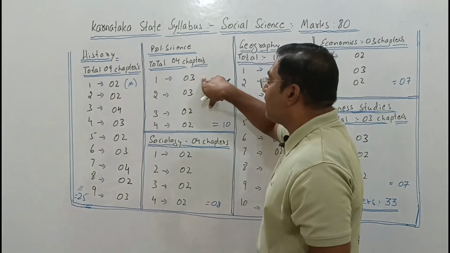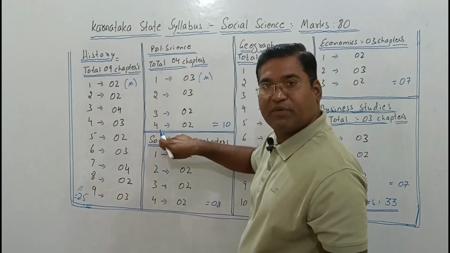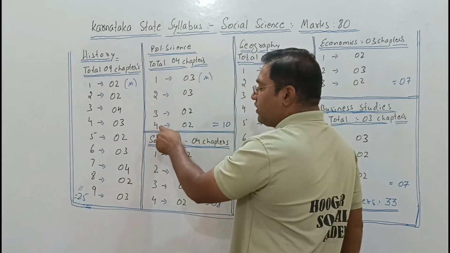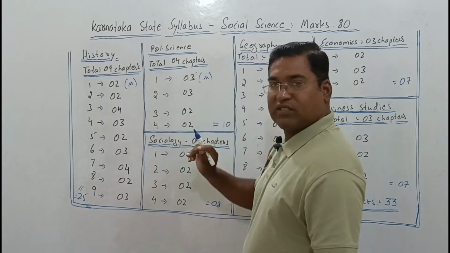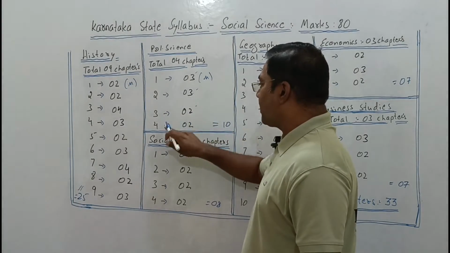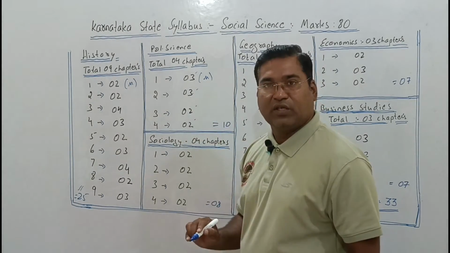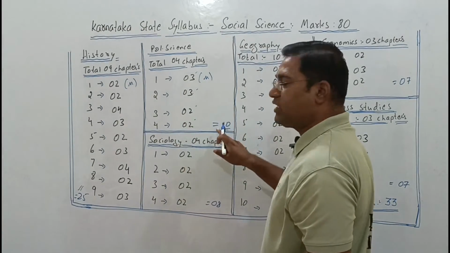In the same way, when we come to political science, again from the first chapter, a total of 4 chapters are given, 1, 2, 3, 4. The first chapter consists of 3 marks, the second chapter is again 3 marks, the third chapter is 2 marks, and the fourth chapter is 2 marks. So when we analyze this, how many total marks? 10.